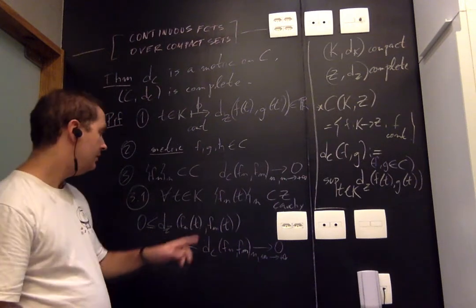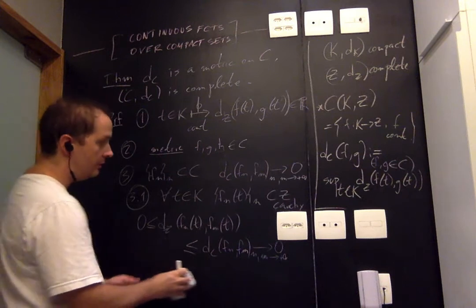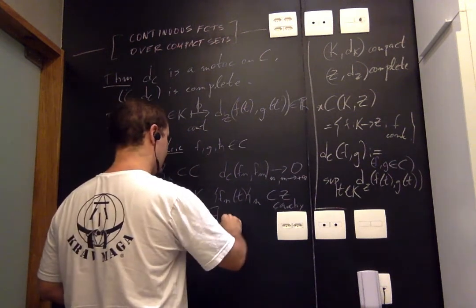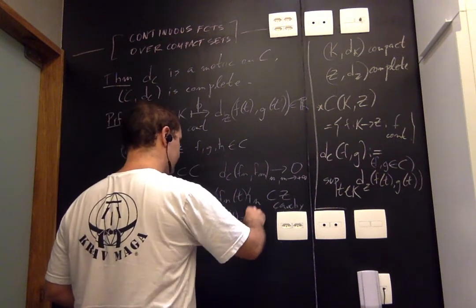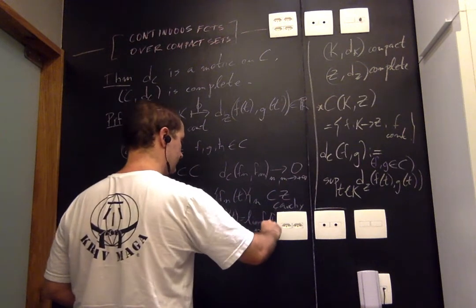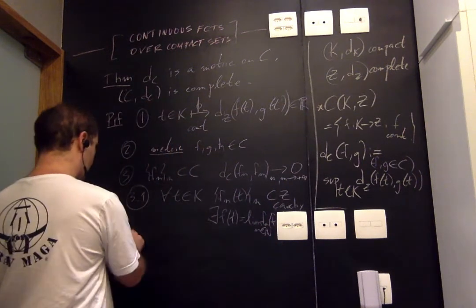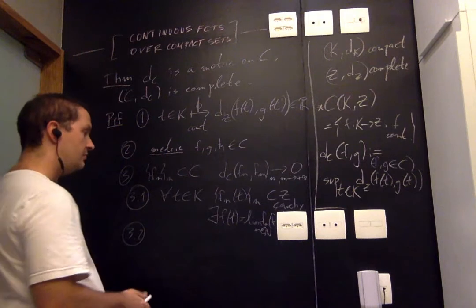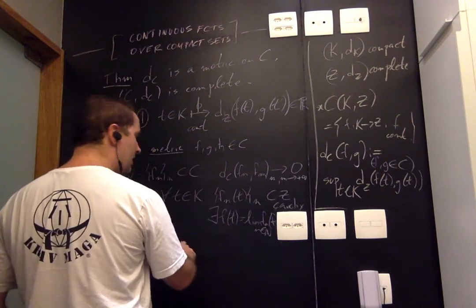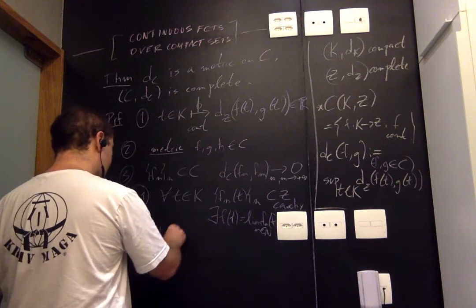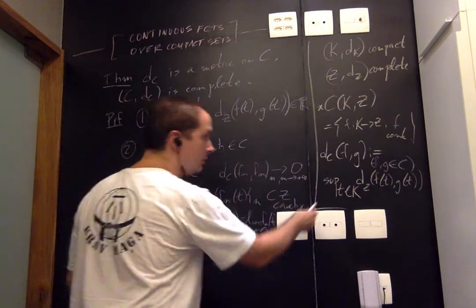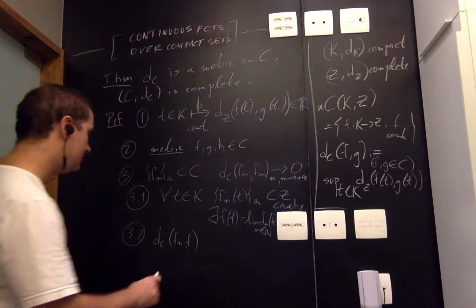So, as I said, if this is Cauchy, always, then there exists f of t, the limit. And 3.2 is where we argue that in fact, I still don't know that f is continuous. But I'm going to argue that I need to define d_C of f_n and f by the sup, and I need f to be continuous to define it like this.